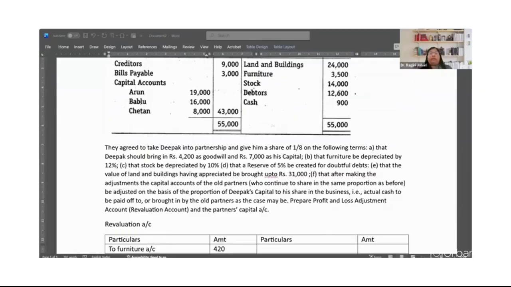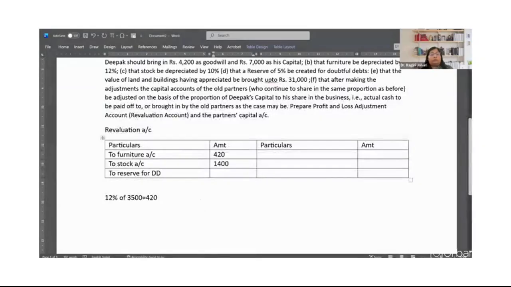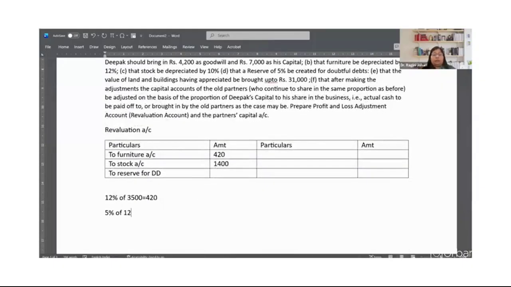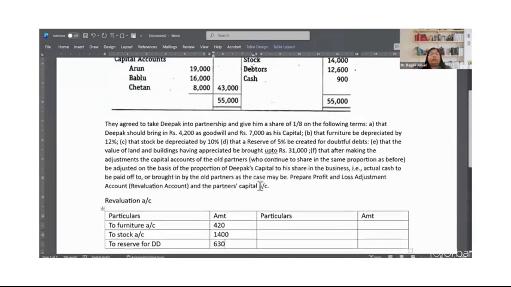This would be 5% of debtors. Debtors are 12,600 and this becomes 630. So here we have 630.